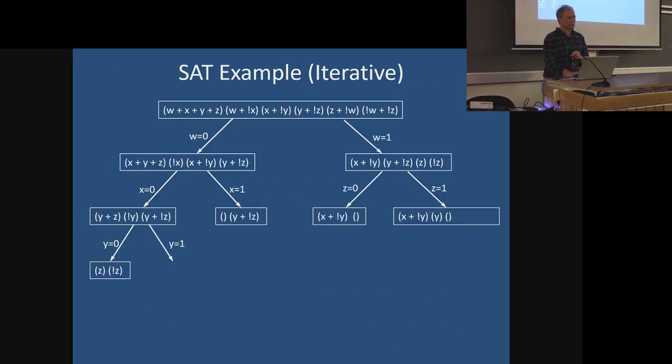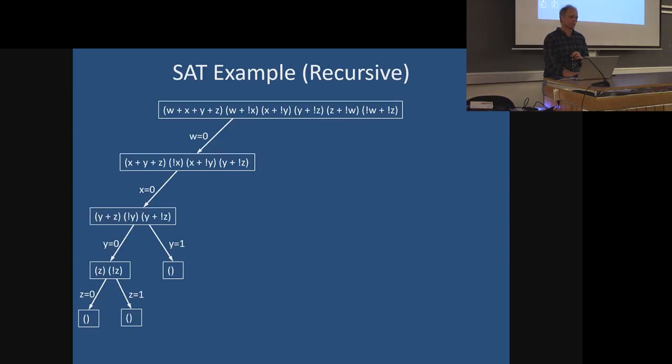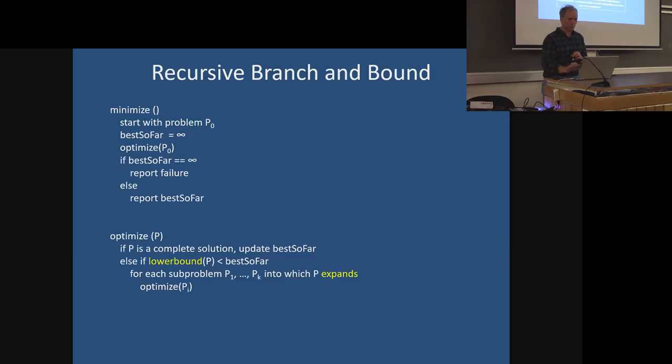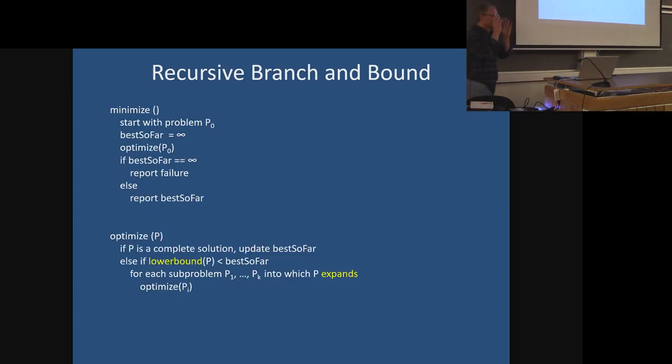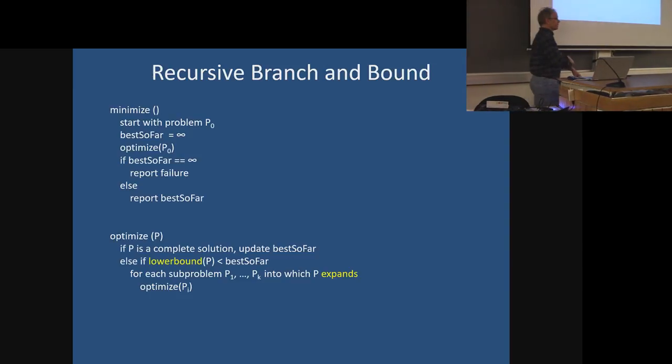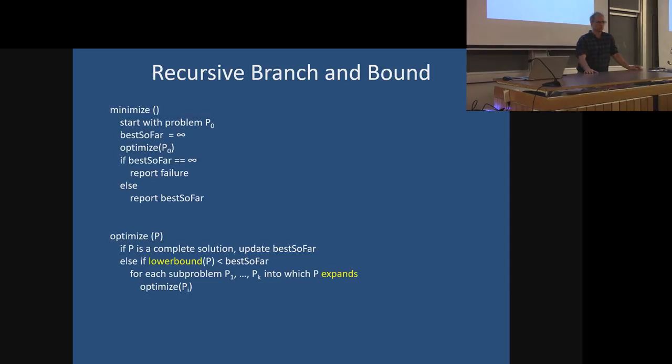I want to talk about optimization problems because you've got to start working on your caddis problem. So, branch and bound. In fact, I'm going to show you recursive branch and bound. Branch and bound is a technique that I recommend you use for this TSP problem, this final caddis problem.